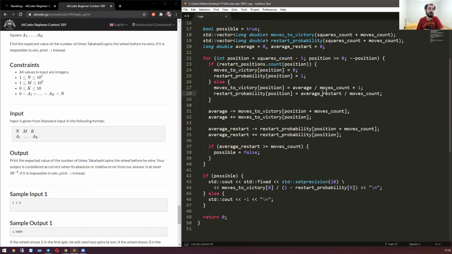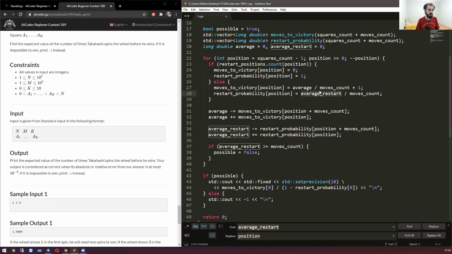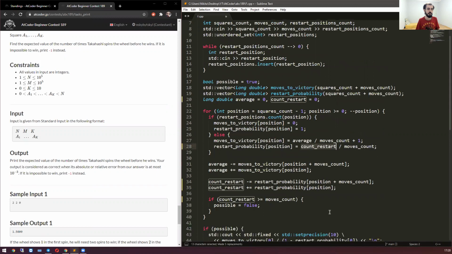Actually, it's not average restart, it's a count restart. If the count of positions at which we restart is at least the moves count, then we fail.